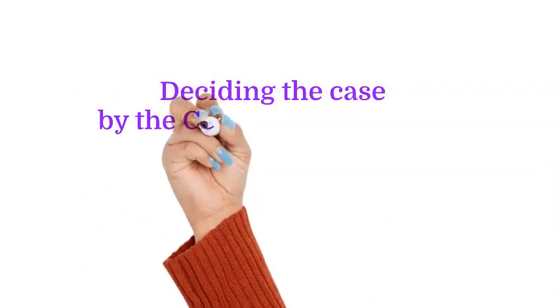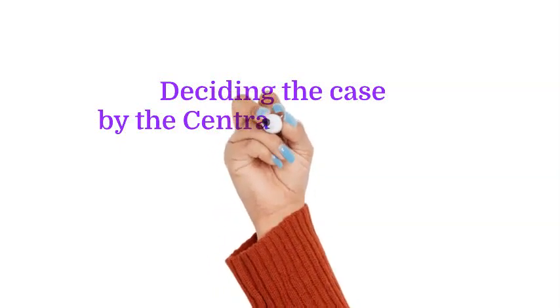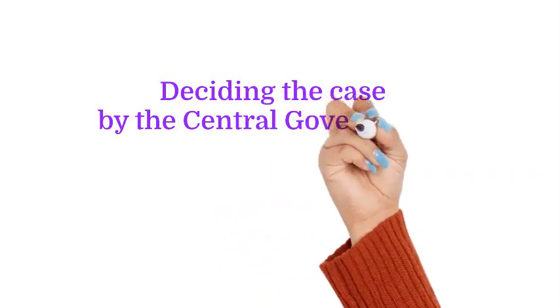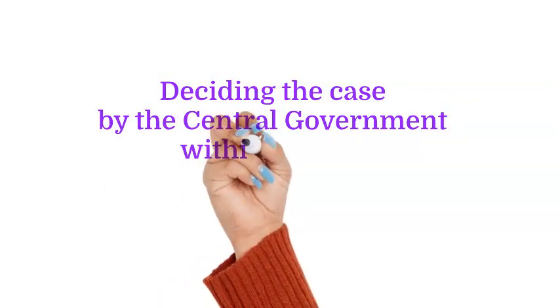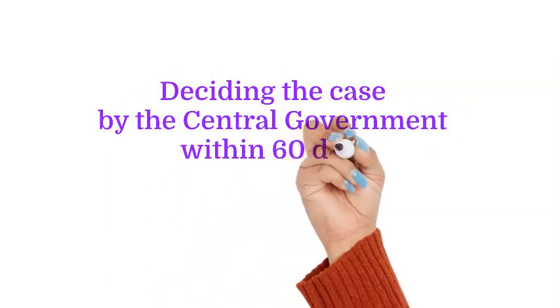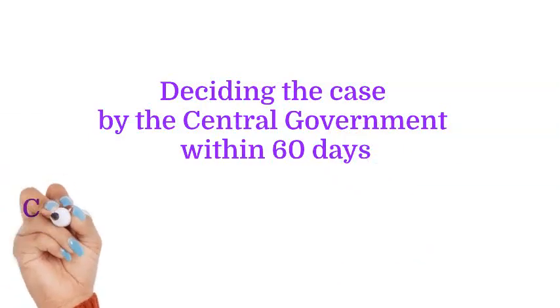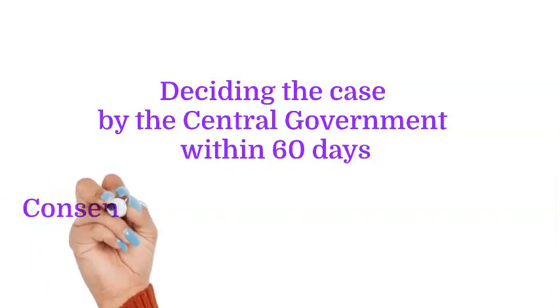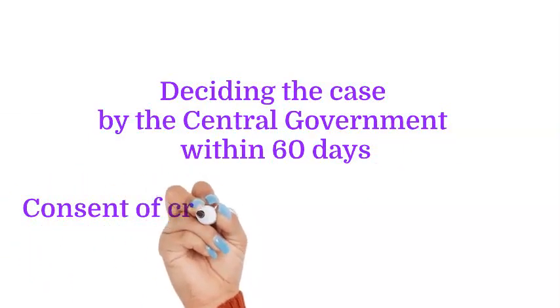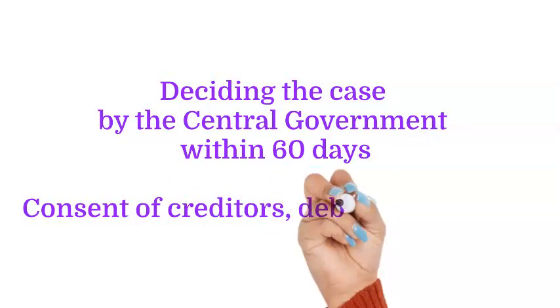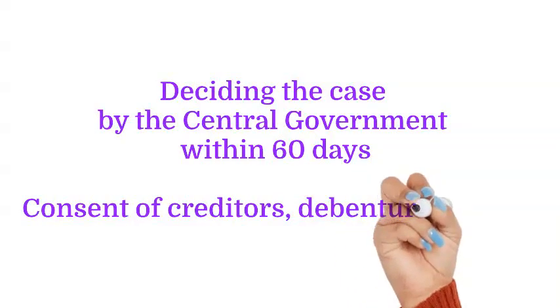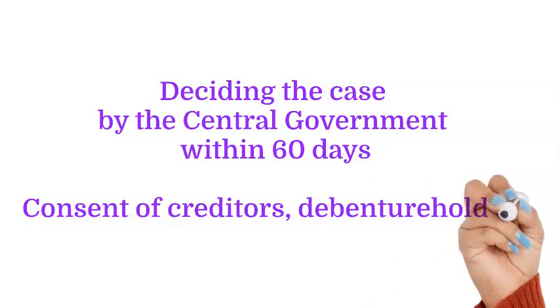The central government, before providing the approval to the company, shall satisfy itself that the creditors, debenture holders, and other persons concerned with the company have given their consent to the alteration, or the company has sufficient security to discharge all its debts and obligations.